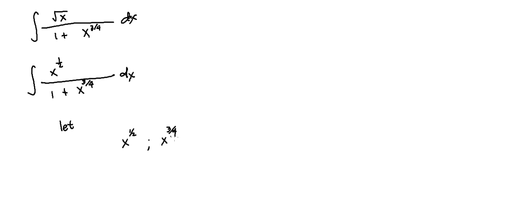So maybe let's try to rewrite this having an increment of 1/4. Say from 1/4 plus 1/4, we have 1/2, and then plus 1/4 we have 3/4, and then 4/4 or 1, right?